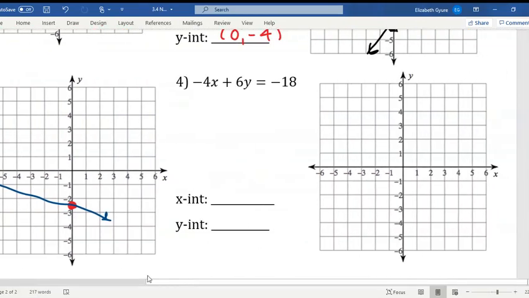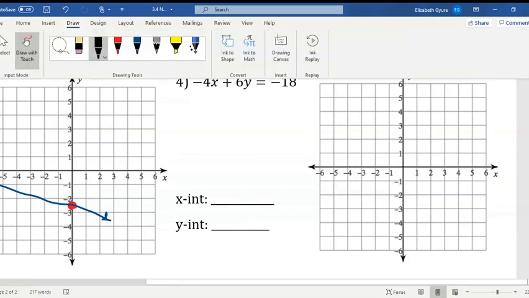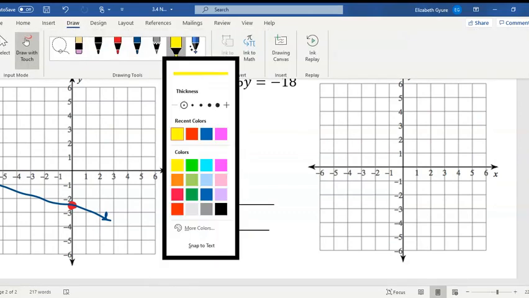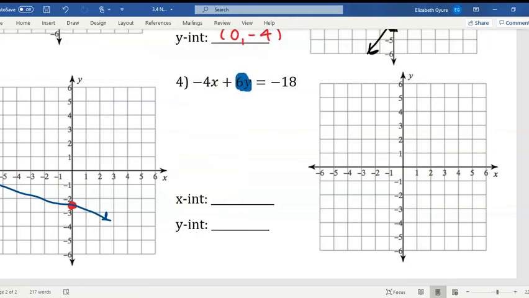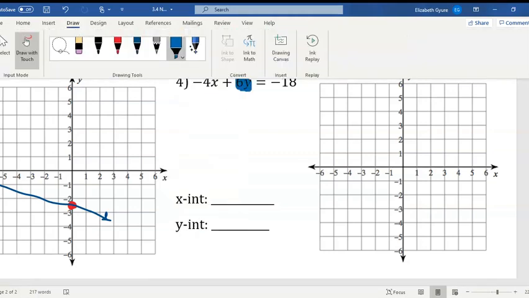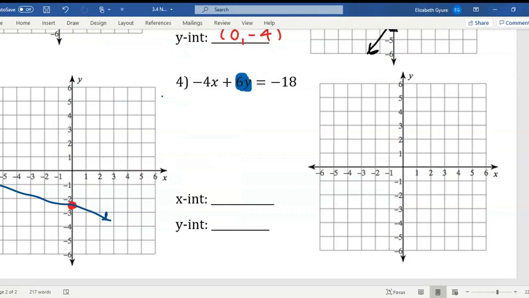All right, so for number 4, again, we're going to end up with a little decimal, but that's okay. What do I cover up to find X? Y. Cover up Y. What do I have? Negative 4x equals negative 18. Good. What do I do from there? Divide each one by negative 4.